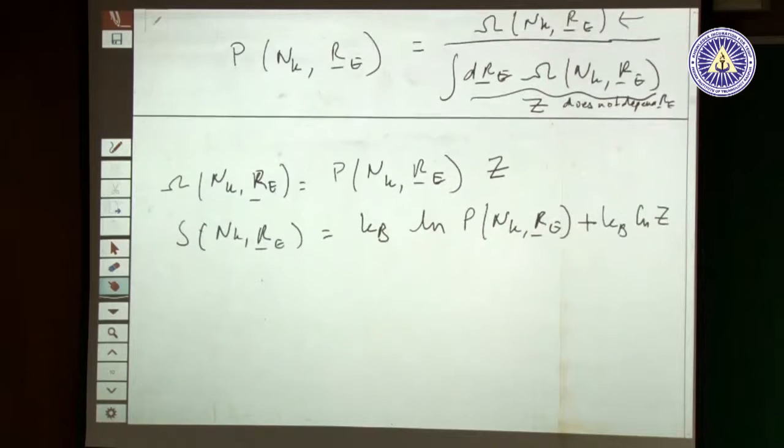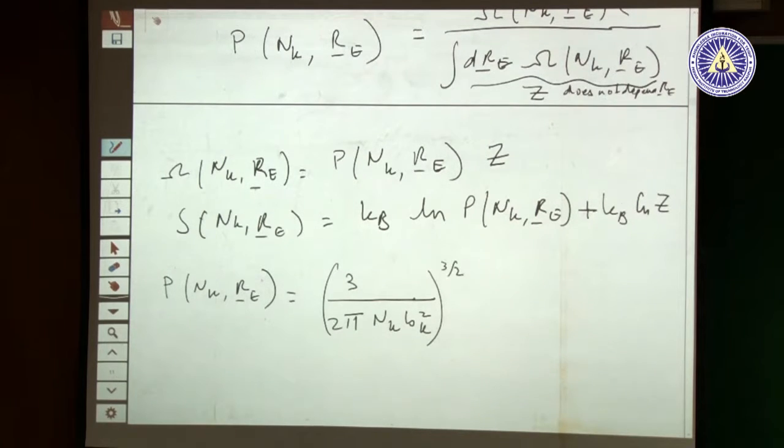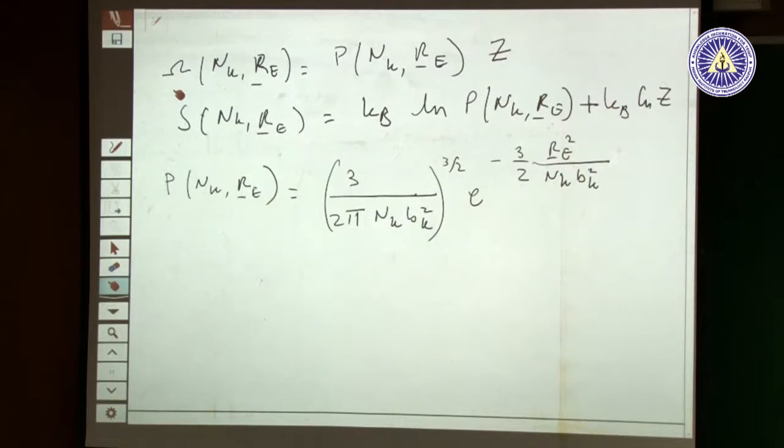Okay. But we have just found that this probability P has the following form. Now, I am going to substitute the fact that this Re squared we found was nk bk squared yesterday. That was what was here in the denominator, to the power of 3 by 2, e to the power of minus 3 over 2 times Re squared divided by nk bk squared for a Kuhn chain. So, now I have to take the log of this.